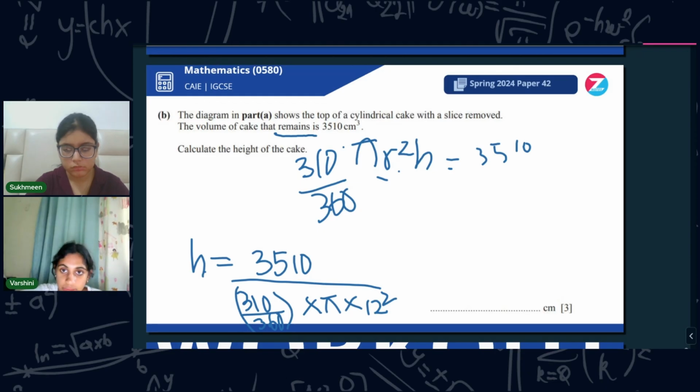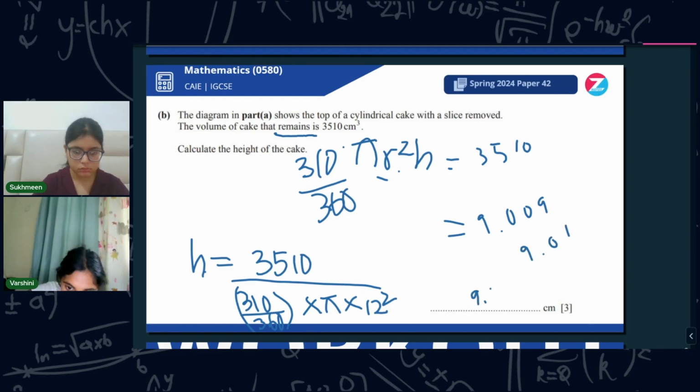If you put this in your calculator, you should get h as equal to 9.009. To write this in three significant figures, we can round this to 9.01, and that is our final answer.